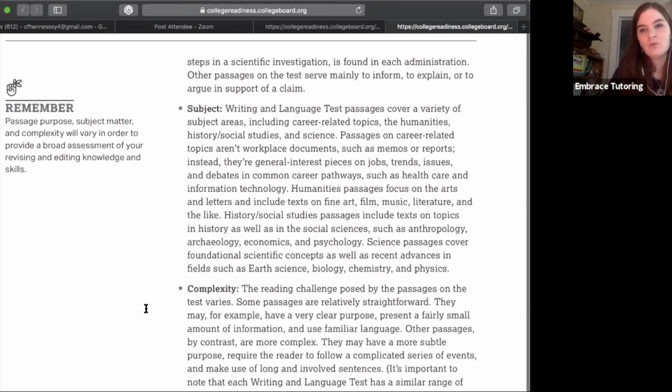Okay, so you won't see that type as much on here. You will generally see just informational or explanatory based writing, things that involve evidence to support some kind of central idea or thesis, or argumentative claim or something like that. Okay.